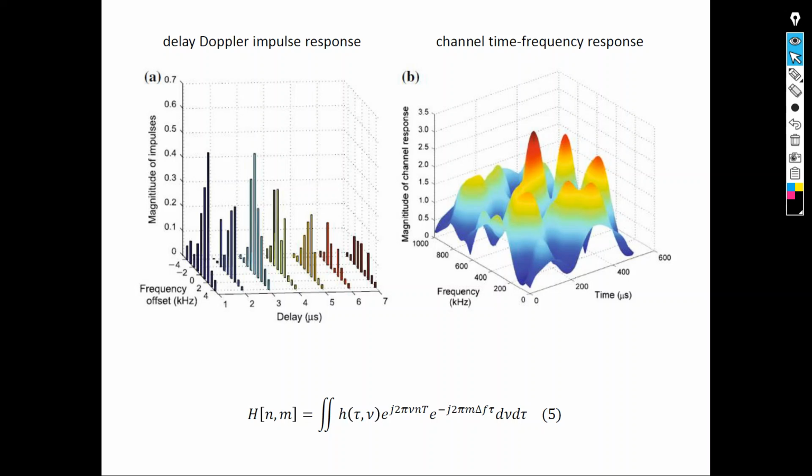frequencies. Now, when you take the two-dimensional Fourier transform, you've got image processing, yes? Think of it like FFT2. In MATLAB, it's FFT2, not FFT alone. Two-dimensional. When you take the two-dimensional Fourier transform of this, you get the channel time-frequency response, which looks like this.